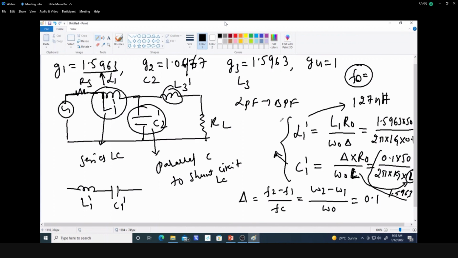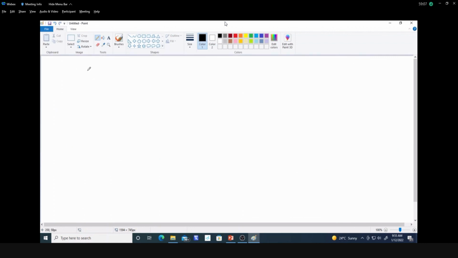Just check it. Like we transform the series inductor to a series LC circuit, similarly we have to transform this C2 dash to the parallel LC, with whatever G2 value is there, which is 1.0967.